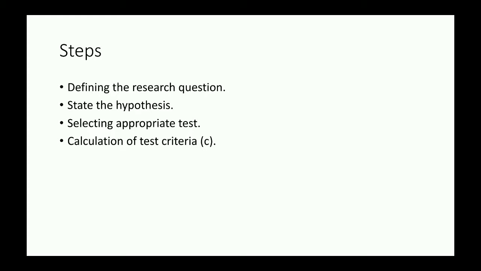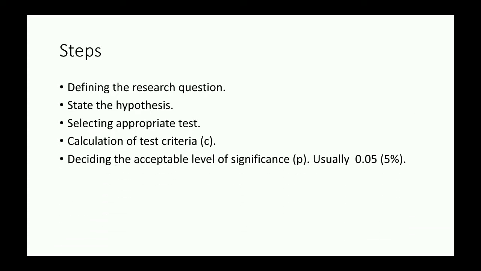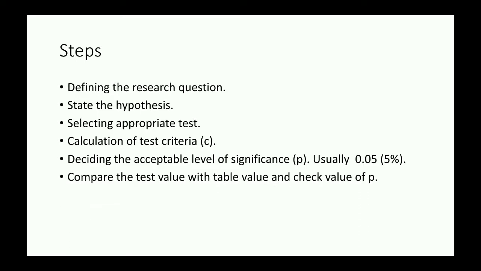Now you have collected the data, you know the test which has to be applied, then you apply the test and you calculate the test criteria. You calculate the value. Suppose you are running a t-test, so you calculate the t value, which is the test criteria, and you select the significance level which you have to take for your study, and then you compare the test value with the table value and check the value of p.